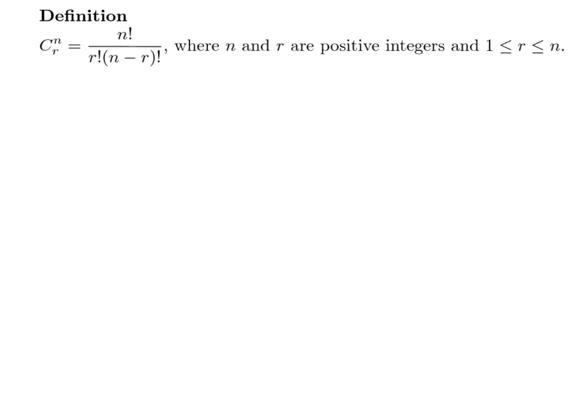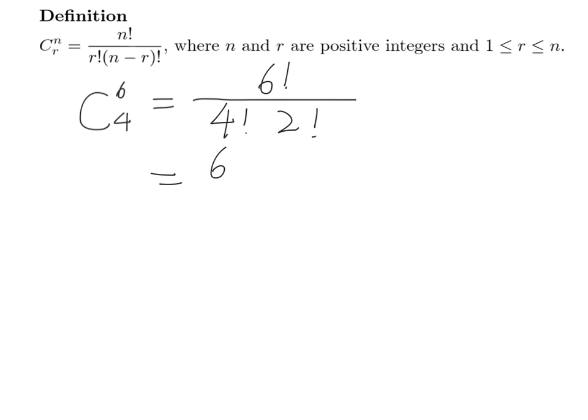This is another notation, nCr. This is the factorial of n divided by the product of the factorial of r and the factorial of n minus r. For example, 6C4 is 6 factorial divided by 4 factorial, and 6 minus 4 is 2, so this is 2 factorial.